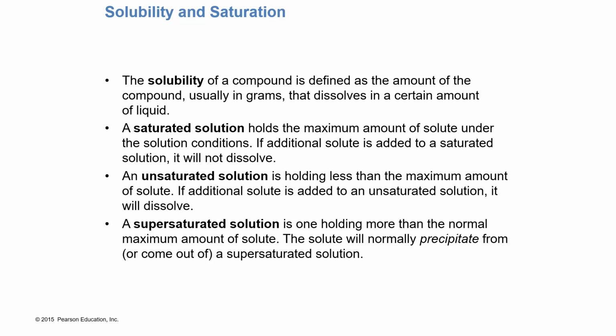An unsaturated solution is holding less than the maximum amount of solute. If additional solute is added to an unsaturated solution, it will dissolve. A supersaturated solution is one holding more than the normal maximum amount of solute. This solute will normally precipitate from, or come out of, a supersaturated solution.